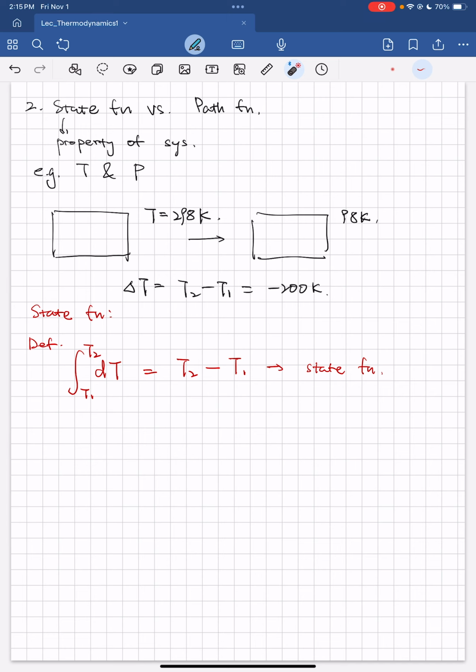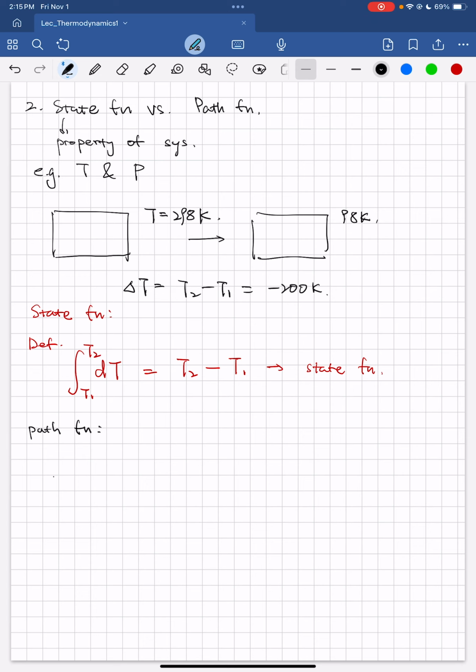All you need to do is simply subtract state 1 from state 2, and you will just get the temperature change. It's just that simple. But when it comes to path function, this is when things get tricky.